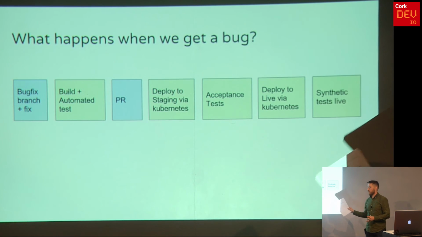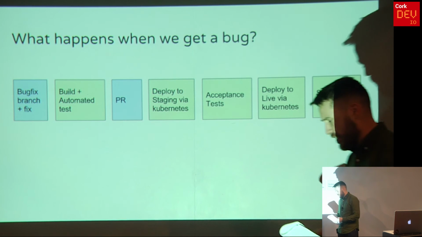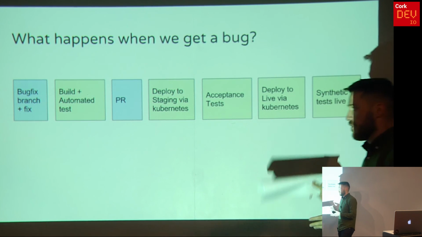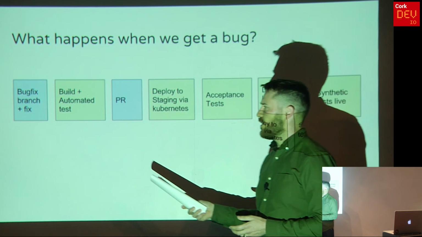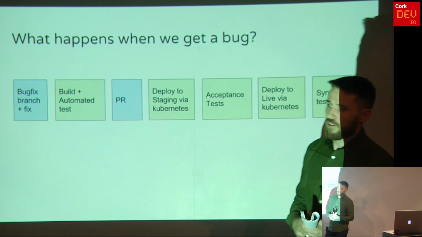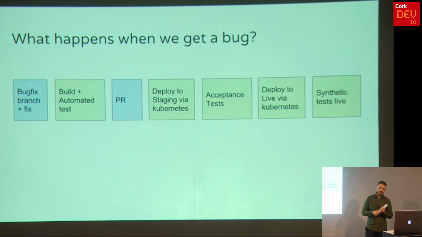We use all the Atlassian products. So we use Stash, we use Bamboo and Jira. Stash and Bamboo are relevant here. We use Git. So when we get a bug, we create a bug fix branch in Git. The developer fixes the bug and pushes that up to our Stash Git repo.